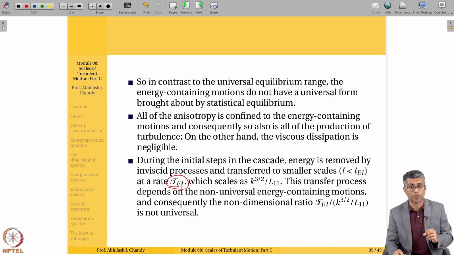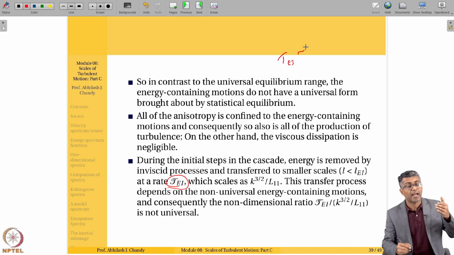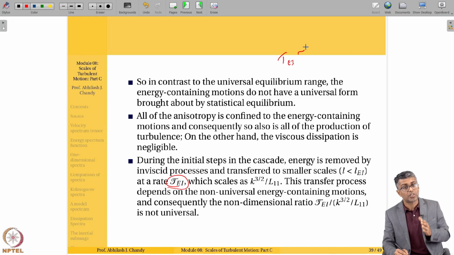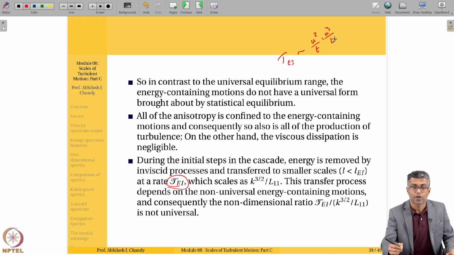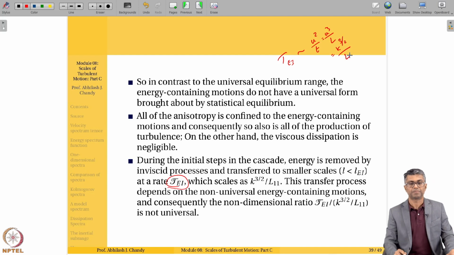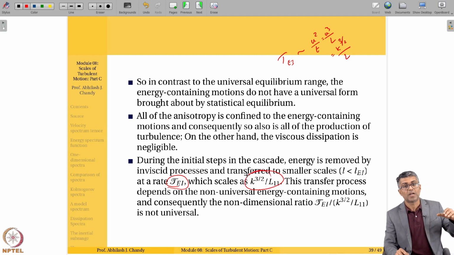TEI is the energy transfer rate, which will scale as the rate at which energy is transferred, u squared over time, or u cubed over L, or k to the 3/2 over L11. That is the rate at which the energy transfer rate scales.